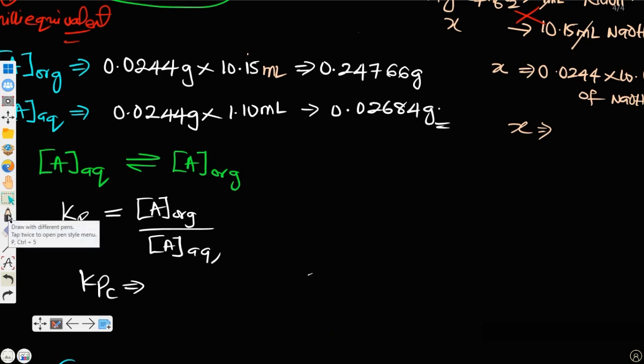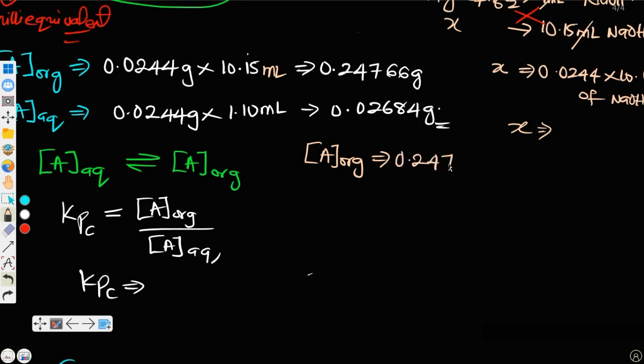Now, this amount you have here is also concentration. But if you want to actually express it, you can say the concentration in the organic phase should be equal to the mass, which is 0.24666 gram, divided by the volume of the acid, because concentration is either in gram per mole, mole per dm cube, gram per dm cube, etc. Are you getting it?